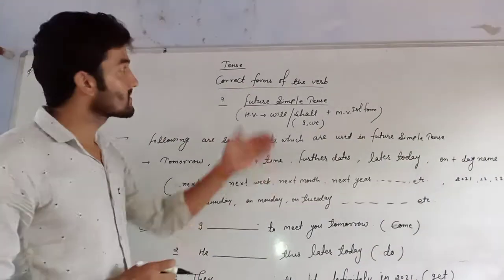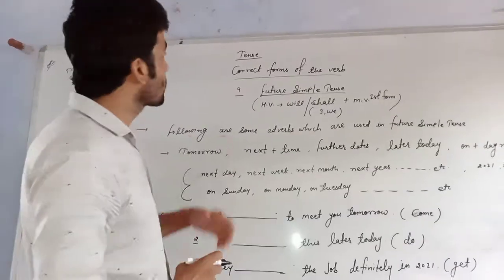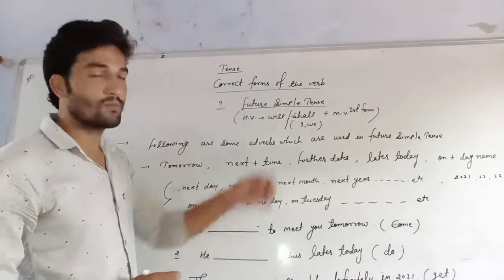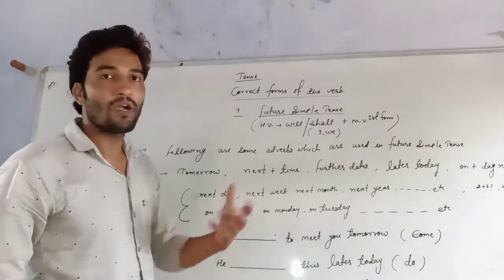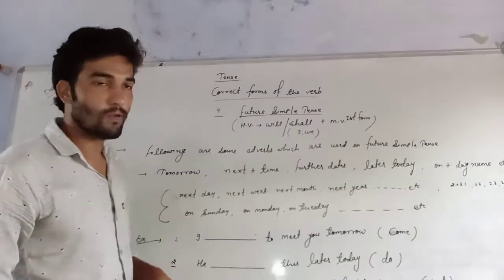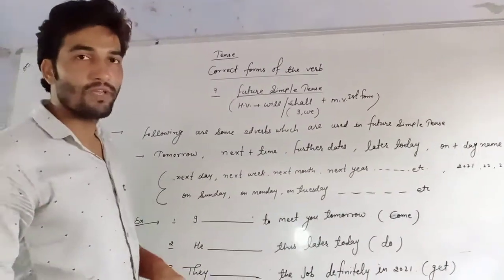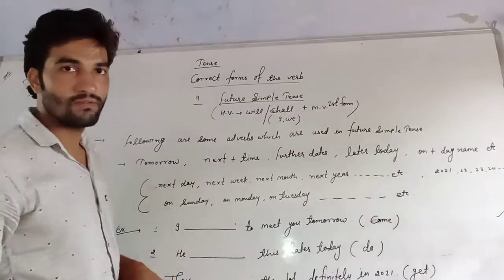Moving on, as you all know, we were studying the correct forms of the verb. Today, the next part of this is future simple tense. To identify future simple tense, we have two helping verbs, will and shall.